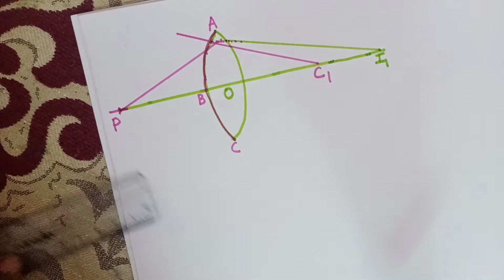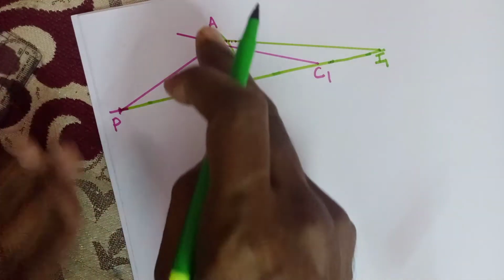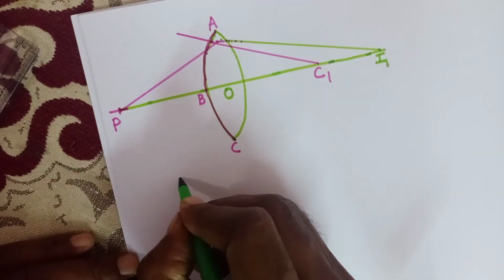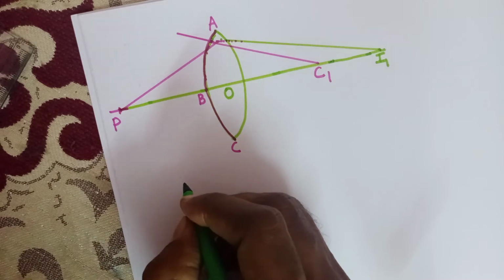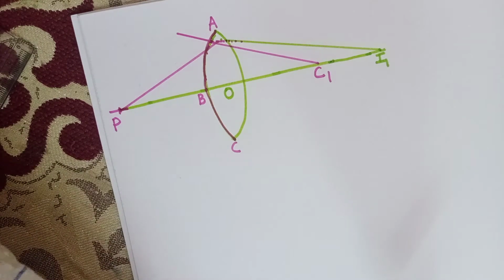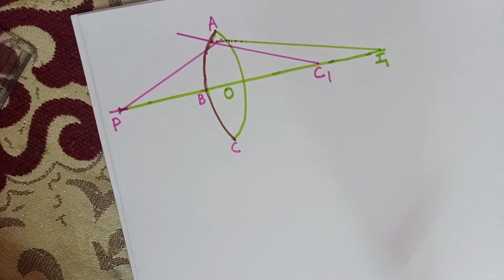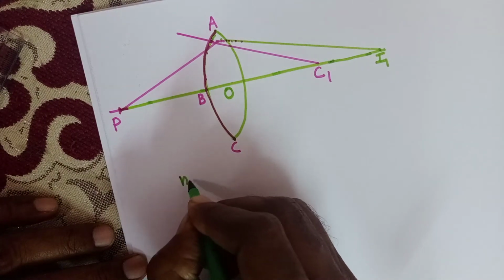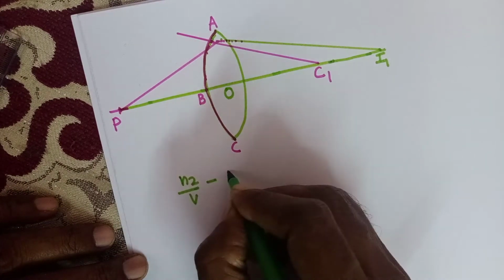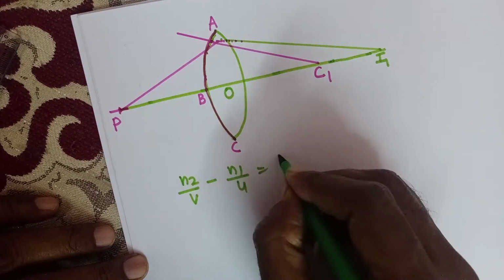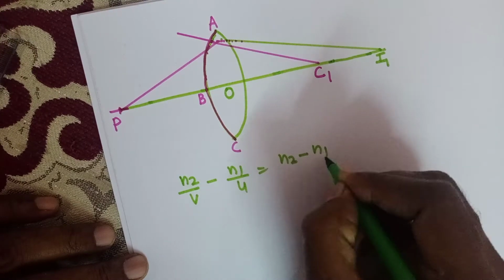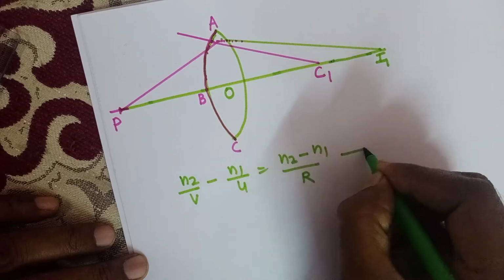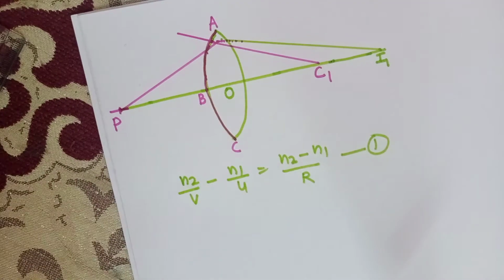Now for the ABC surface, we can write the equation. The equation is very easy: N2 by V minus N1 by U is equal to N2 minus N1 by R, equation 1.